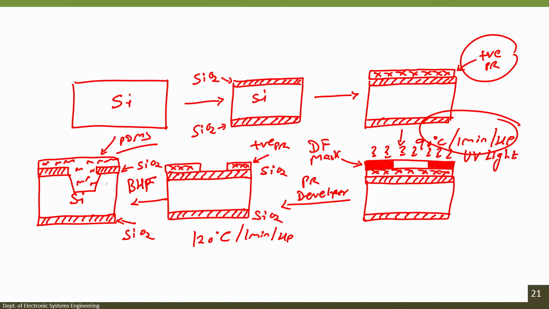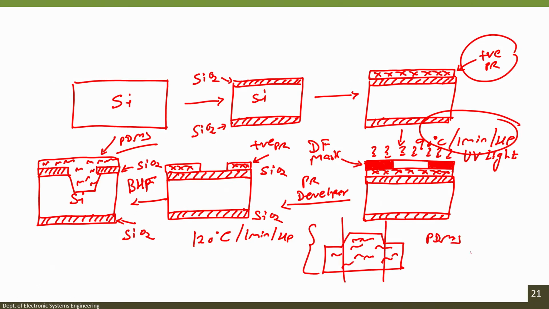When I cure it, I can strip it off. If I strip it off, what will I have? I will have PDMS like this, right. Now, if I cut this, then what will I have?